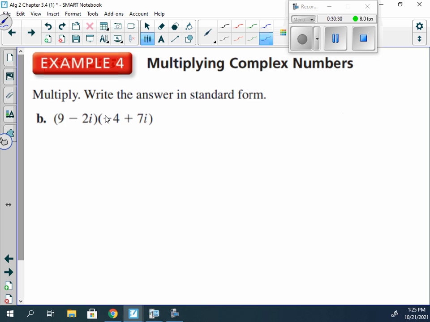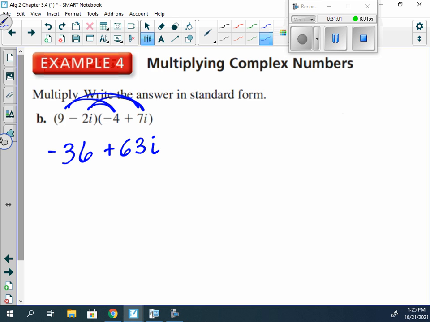Let's look at this one. 9 minus 2i times negative 4 plus 7i. So could we plug this into the calculator? Yeah. If we did this by hand, we could distribute and distribute. 9 times negative 4 would be negative 36. 9 times 7i would be plus 63i.